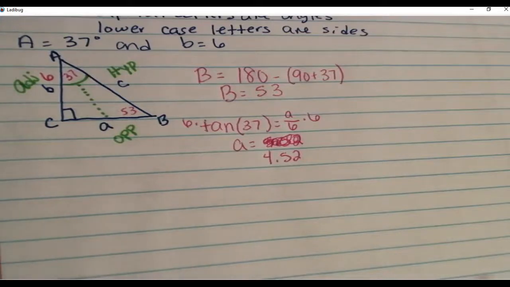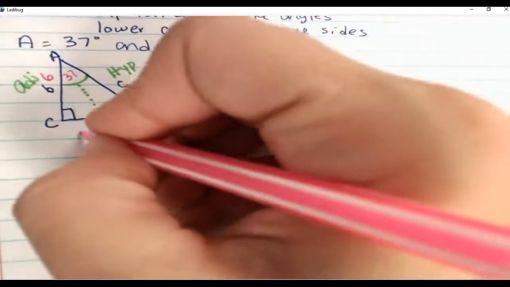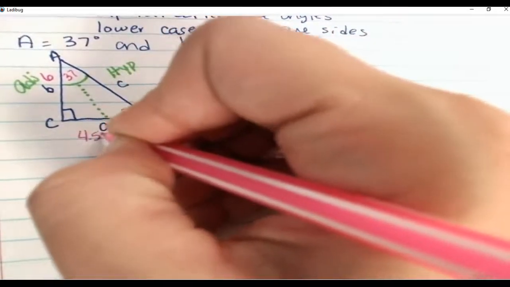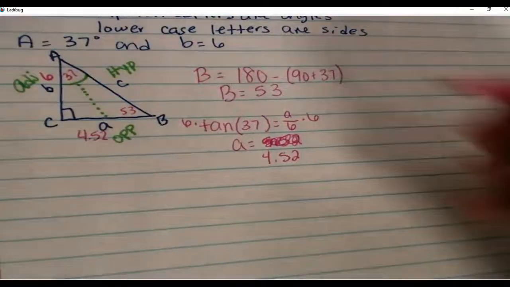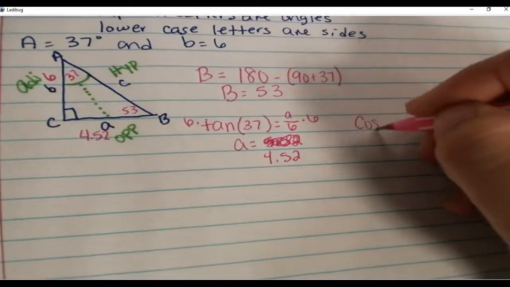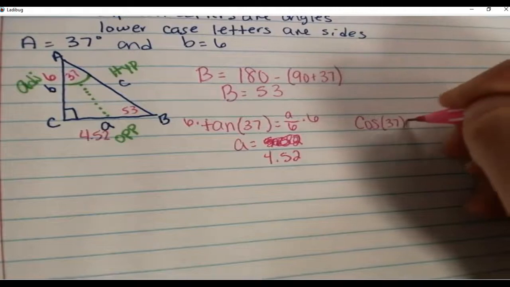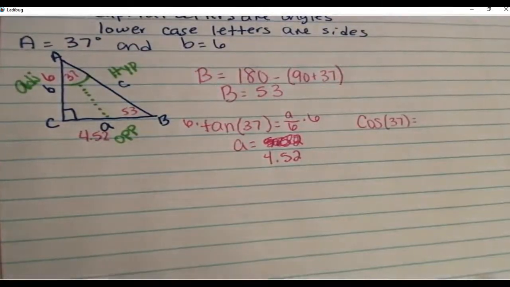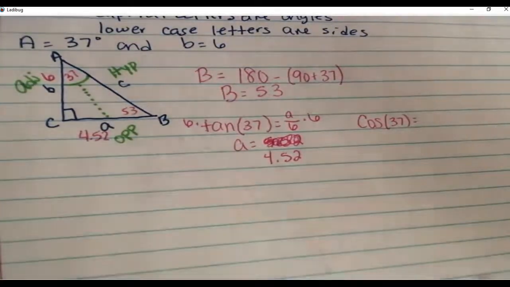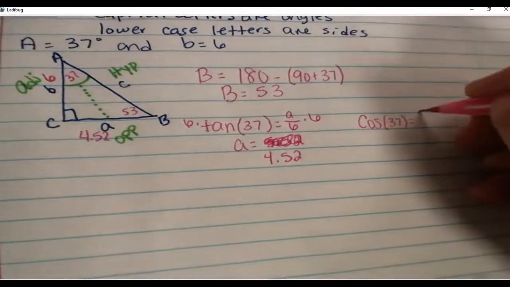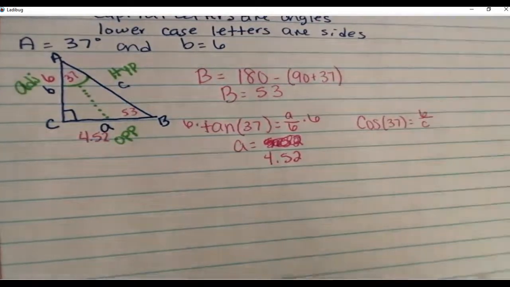How can I find C, little c? Yeah, so I can use cosine. So cosine of 37 equals, and then cosine is adjacent over hypotenuse. Our adjacent is 6, our hypotenuse we don't know, so 6 over little c.